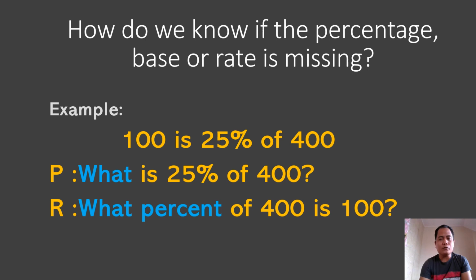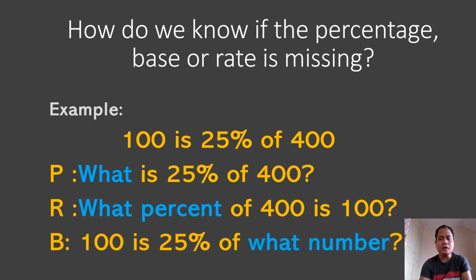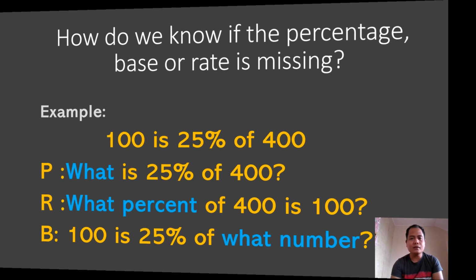And if we're looking for the rate, ang question usually is, what percent of 400 is 100? So, using the word percent, malalaman na natin agad na we are looking for the rate. And lastly, kapag hinanap natin ang base, usually the question is, 100 is 25% of what number? So, katabi rin ng word na of, what number? So, meaning we are looking for the base.